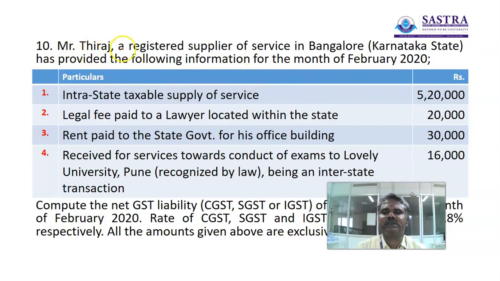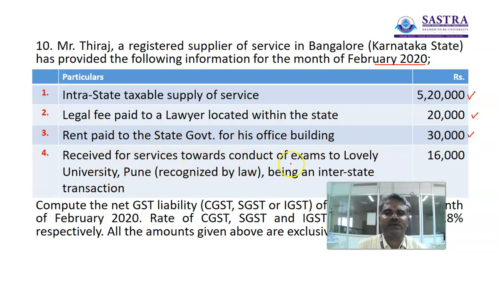Mr. Viraj, a registered supplier of service in Bangalore, Karnataka state, has provided the following information for the payment of February 2020. Intrastate taxable supply of service 5,20,000. Legal fee paid to a lawyer located within the state 20,000. Rent paid to the state government for his office 20,000.